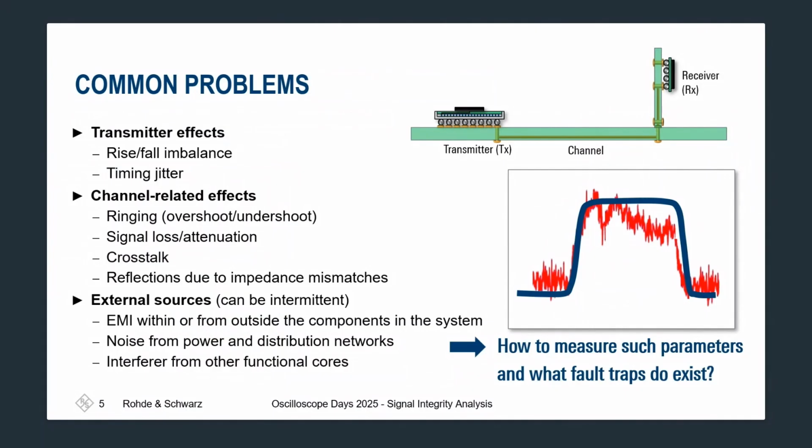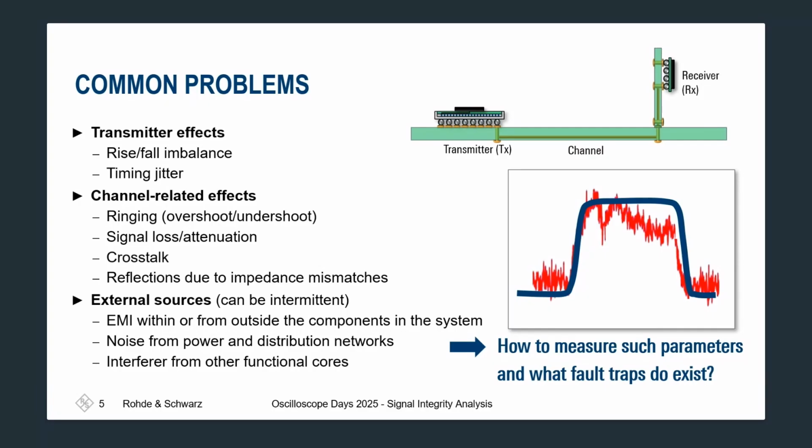We then look at channel-related effects, such as ringing on top of the waveform, signal loss and attenuation, crosstalk from nearby channels or nearby electronics, and reflections due to impedance mismatches. This is a key one that normally catches people out. And then external sources, with EMI being a big component, and other noise from other networks around the system.